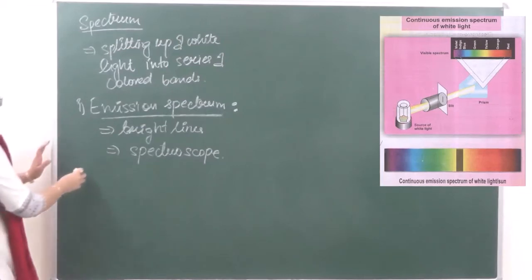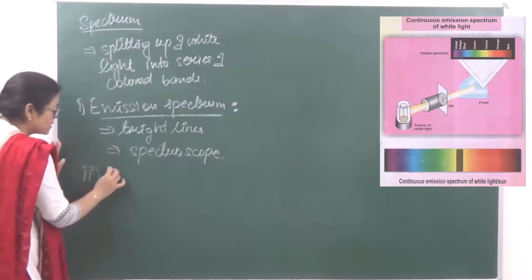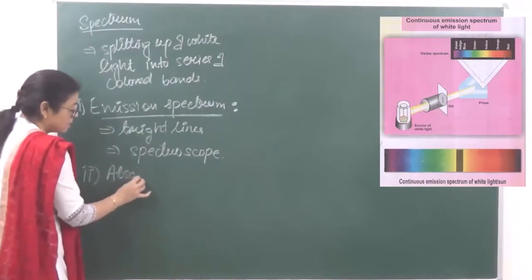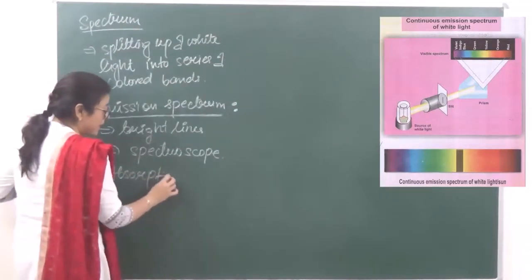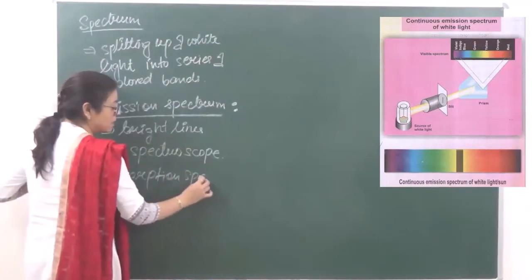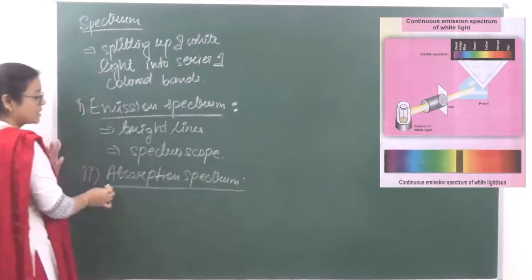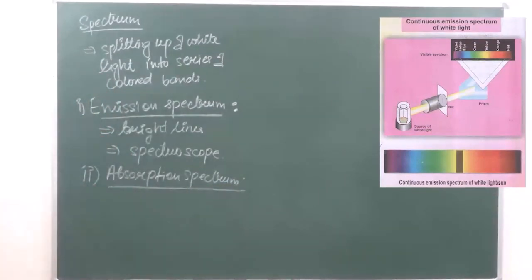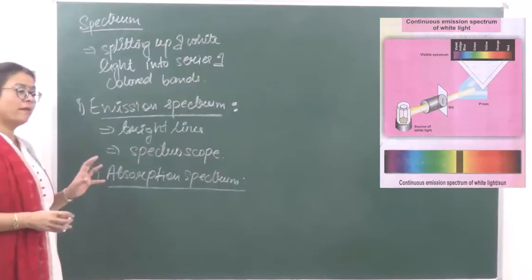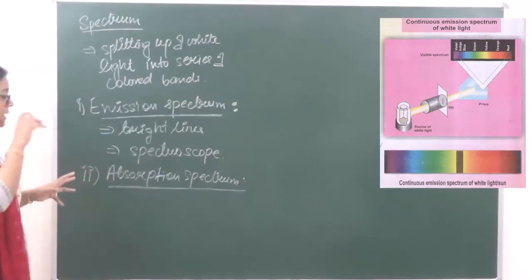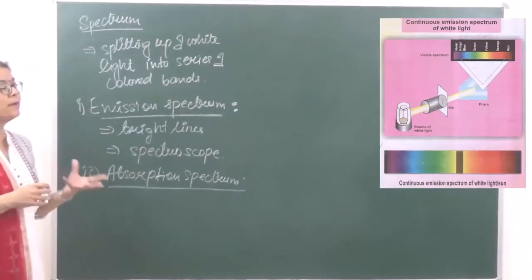Okay, whereas the second type we have is absorption spectrum. As the word suggests, absorption means that we are giving a source of white light. That source of white light is first passed through a medium.